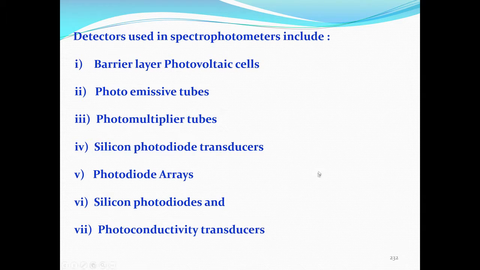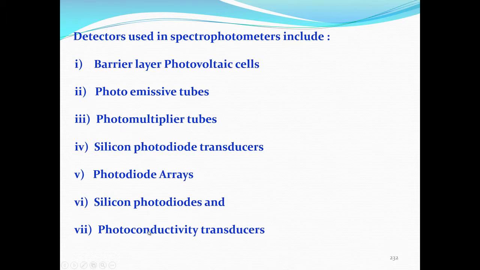These are the various types: one is the barrier layer cell, second is the photoemissive tube, third is the photomultiplier tube, and then silicon photodiode transducers, photodiode arrays, silicon photodiodes, and then photoconductivity transducers.